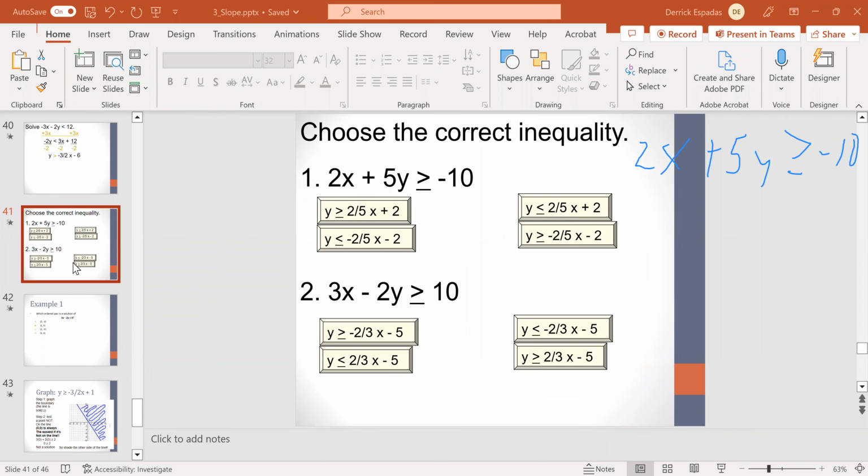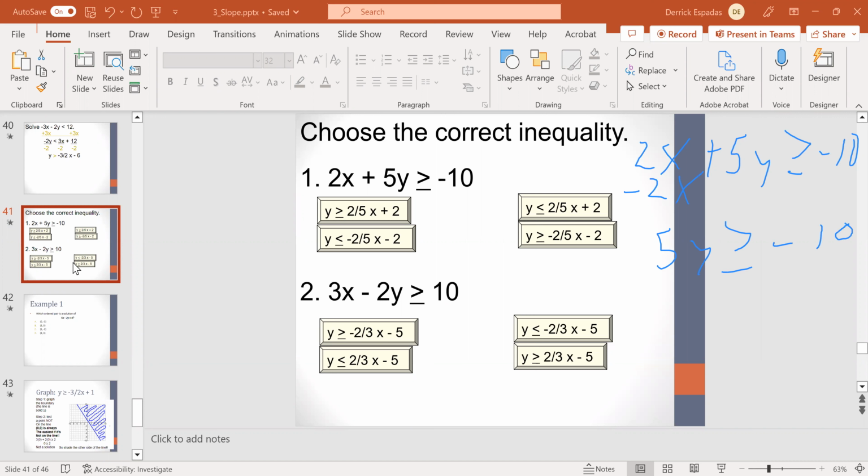So I want to isolate the y. So let's start off by getting rid of that 2x. And so the opposite of 2x is negative 2x. It just gets rid of the 2x. So I'm going to move the 5y down, which is greater than or equal to negative 10.